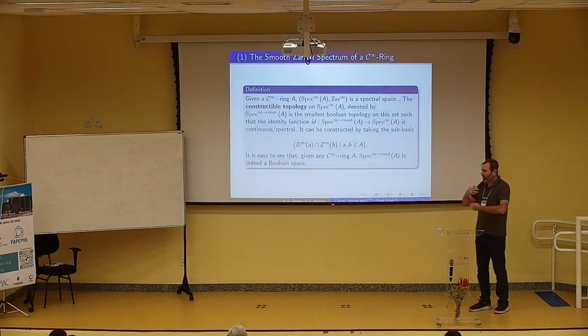Tem uma outra topologia que também é considerada na álgebra comutativa, que é a chamada topologia construtível do espectro de um anel. Na verdade, você pode fazer topologia construtível de qualquer espaço espectral, que é uma topologia mais fina e que é Hausdorff. Um espaço espectral tem uma propriedade estranha: se ele é Hausdorff, isso equivale a dizer que todos os pontos são fechados, ou seja, para espaço espectral T1 igual a T2.